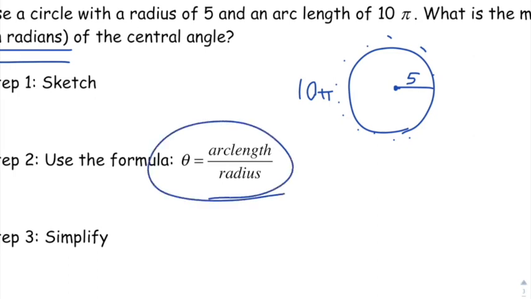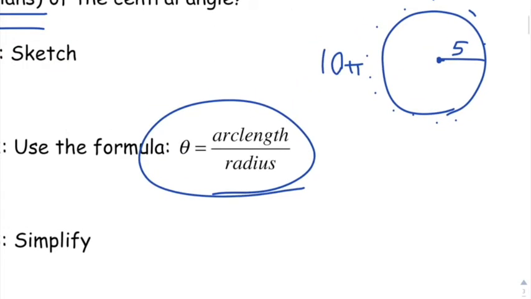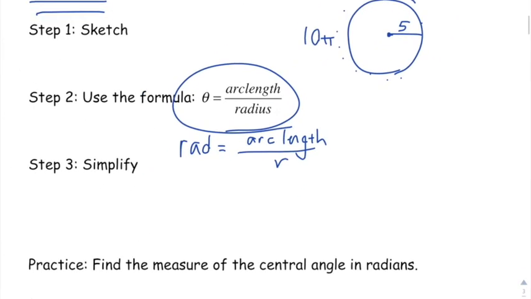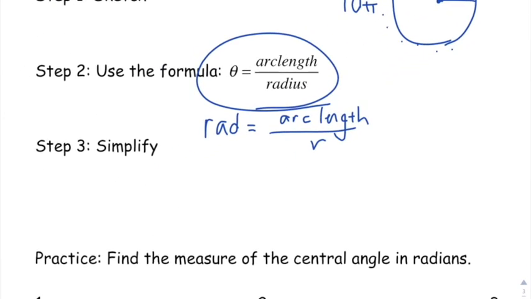Now, you want to know this formula right here. So I'm going to rewrite this. The radians is equal to arc length over the radius. The arc length was 10 pi, and the radius is 5.